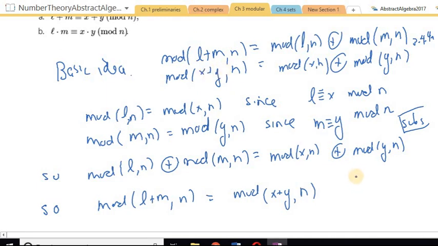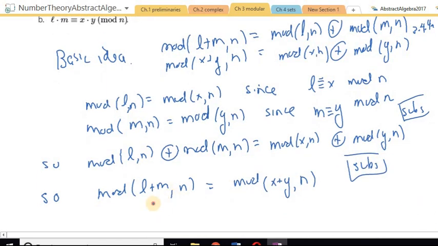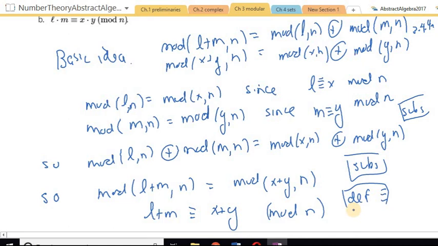So this is also substitution. Okay. And that means that L plus M is congruent to x plus y mod n, and that's the definition of modular equivalence. Okay. So I have my reasons here. I put all my reasons in boxes. I'll put my reason box here, my reason box here.